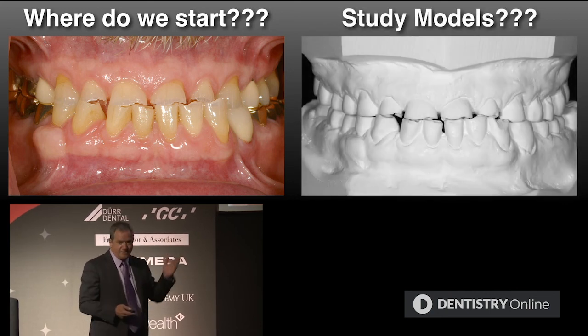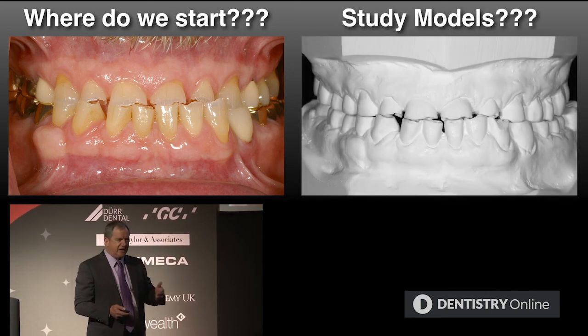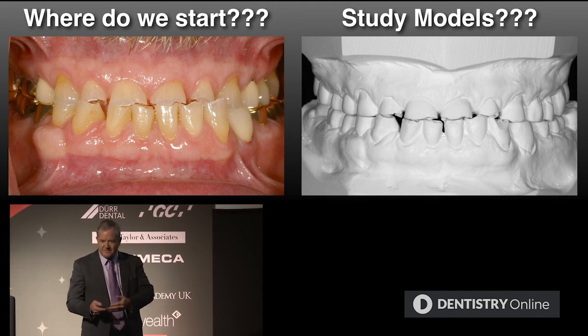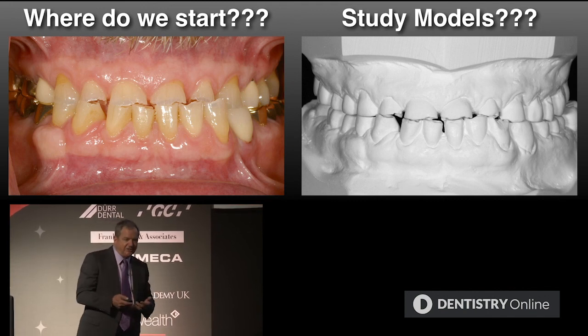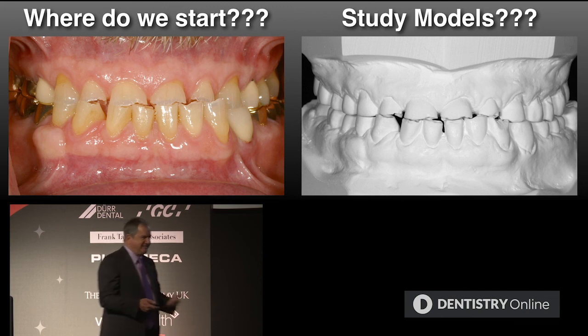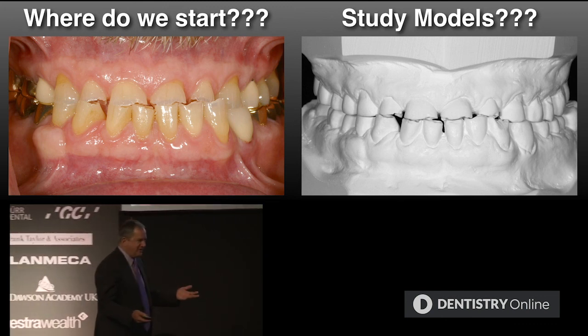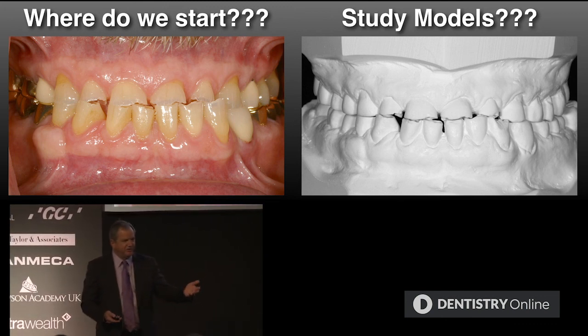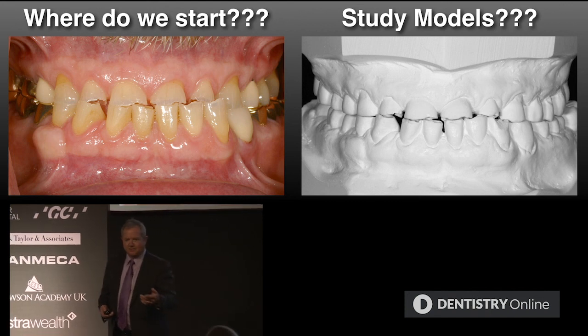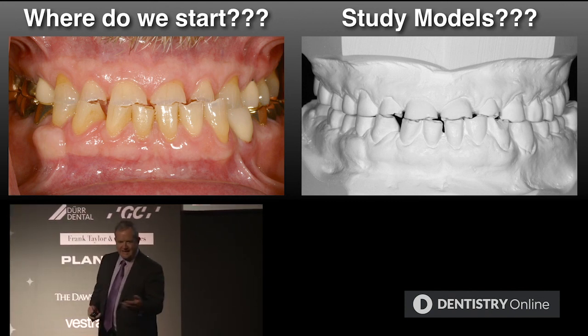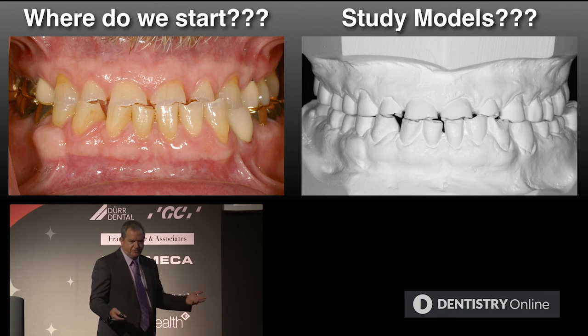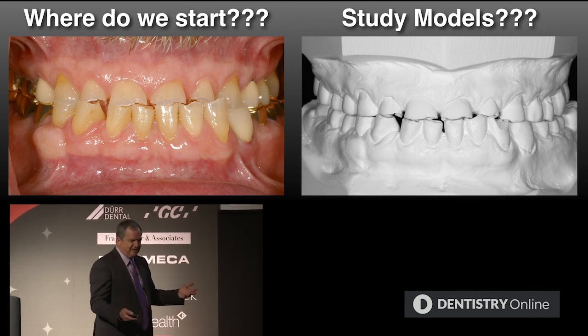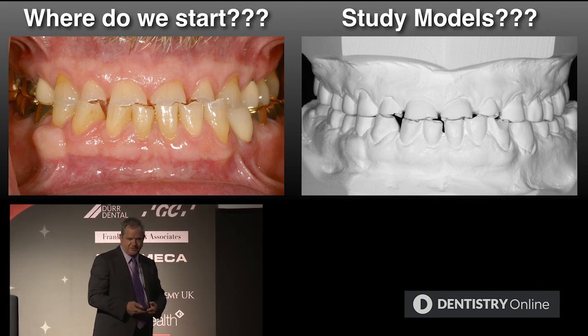They get study models, which allows you to sit at your desk in privacy and not know what to do, right? I mean, who do you make alginate impressions on? Unless you're going to be making bite guards or bleach trays, you make alginate impressions on people you don't know what to do with. And so you make a set of study models on this person.